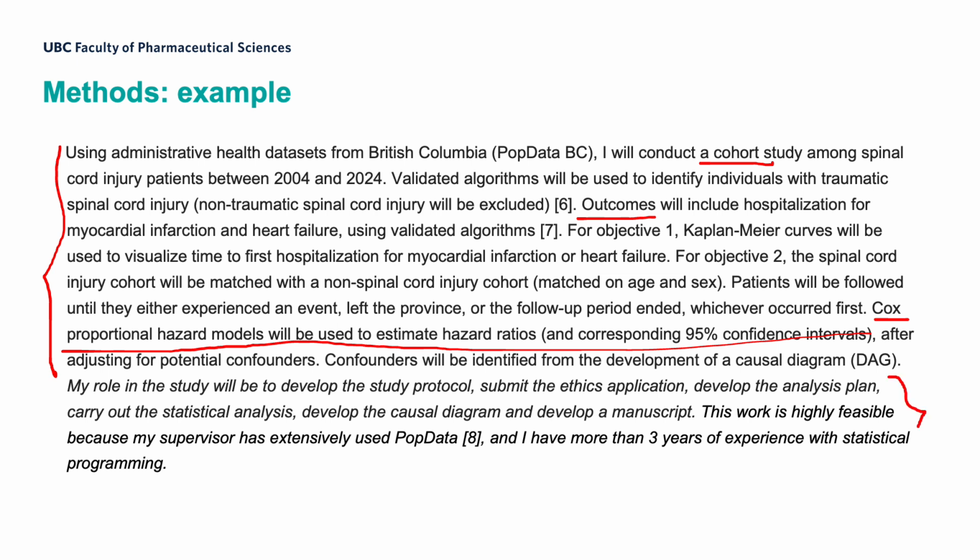And then you can see here, I put in italics the role, and as well the feasibility statement. These could be other sections, but I think it works well with limited space to include your role in the study and the feasibility within the method section.